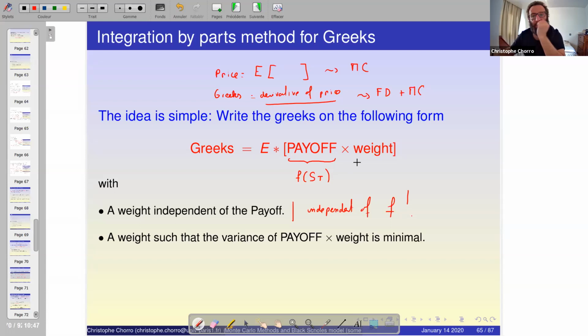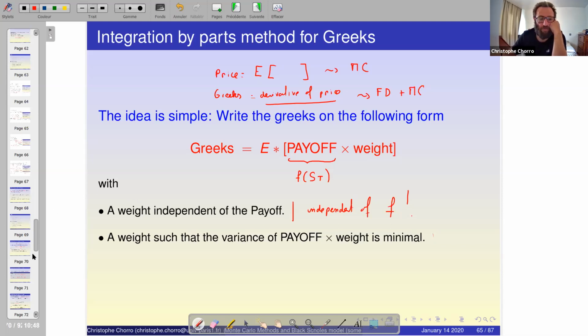And if I want an error that is as small as possible, I need to obtain inside here a random variable with minimal variance, because then the size of the confidence interval, coming from the central limit theorem, will be minimal. So I am looking for a weight, independent of the payoff f, such that the variance of this product is minimal, because several weights may exist, and I want the one that is minimal.